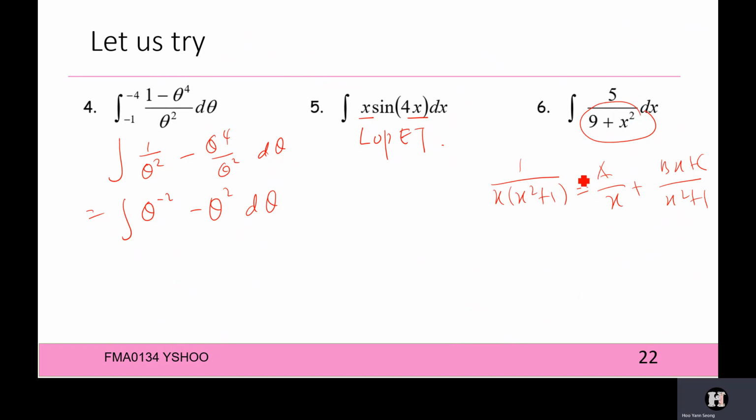So that's why, when you learned in your Maths 1, that is the purpose of partial fraction. When you have an irreducible factor, why you need to put bx plus c at the top is because later on you're going to integrate by using substitution. Since this question is not in the form of bx plus c at the top, you cannot substitute.